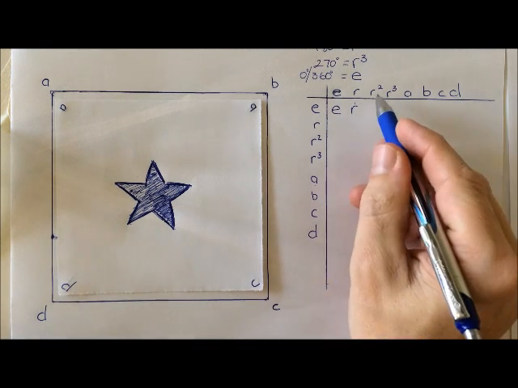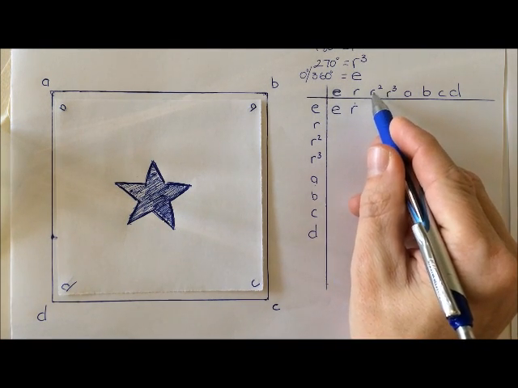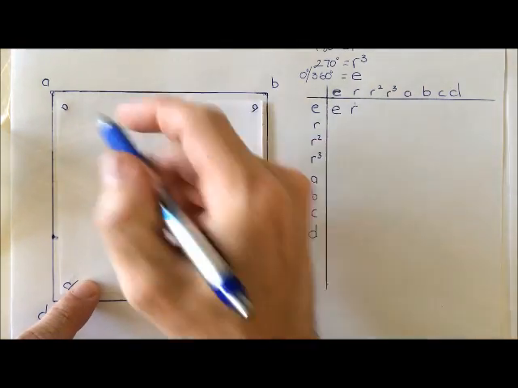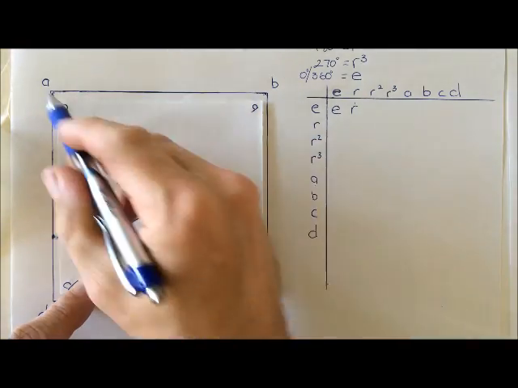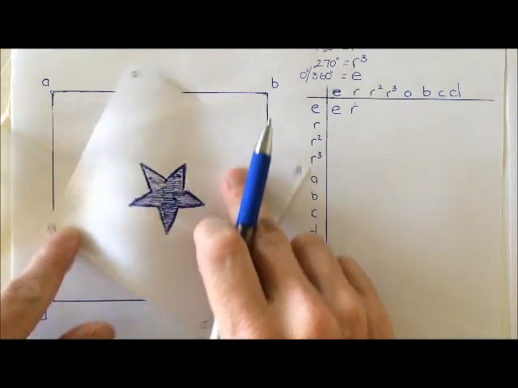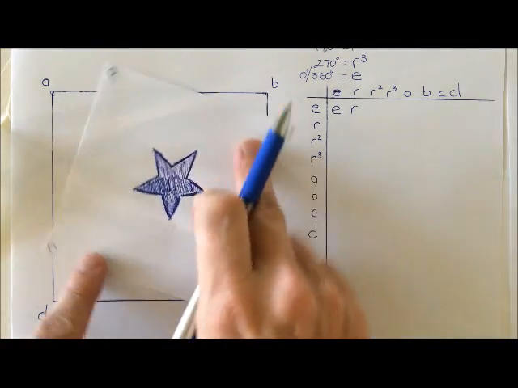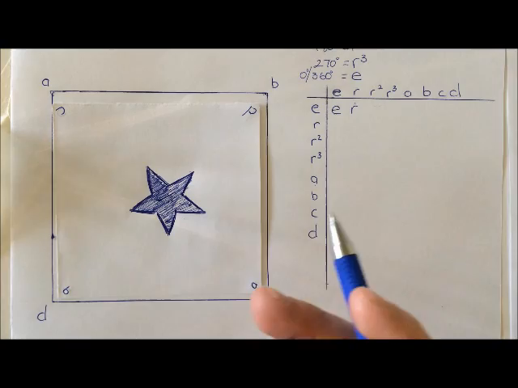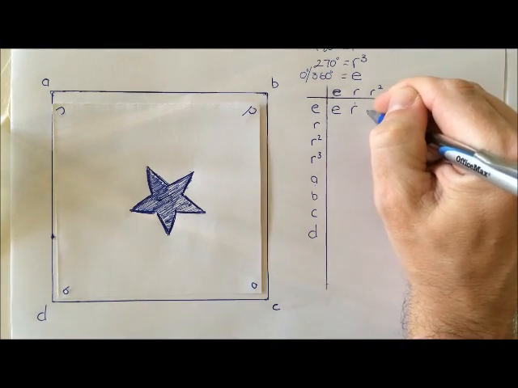Now, R squared, or 2 rotations. We start back at the start here with our A's, B's, C's and D's lined up. 1 rotation, 2 rotations. It equals 2 rotations.